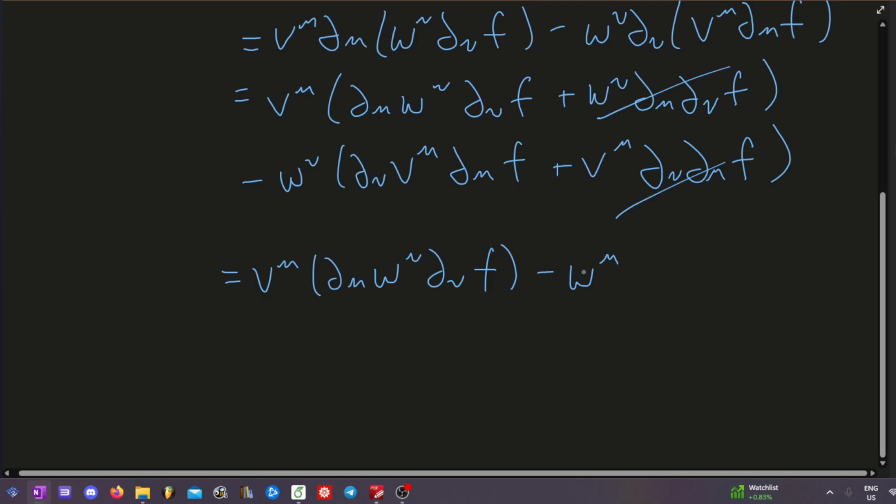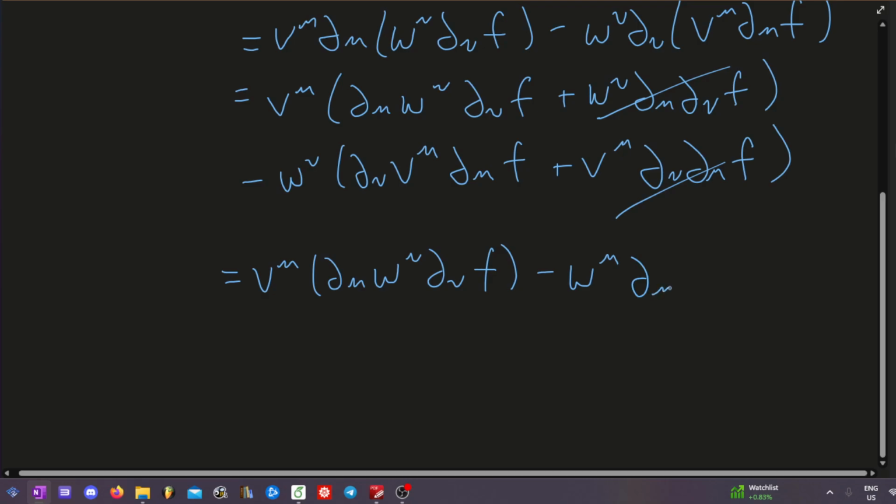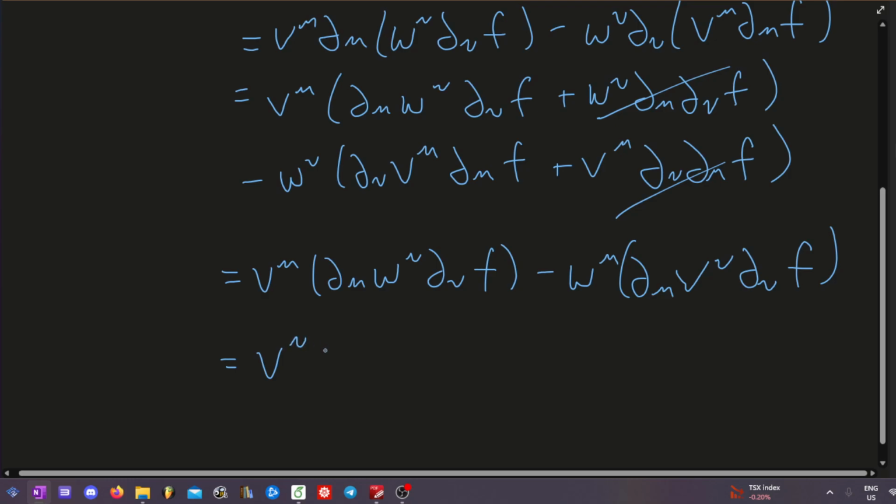Also, what I'm doing here is just renaming the dummy indices in the second term, so the nu's are going to become mu, and the mu's are going to become nu. So w^mu del_mu v^nu del_nu on f. Actually, I should have switched the indices the other way, so we're going to quickly change all the nu's to mu's and vice versa.